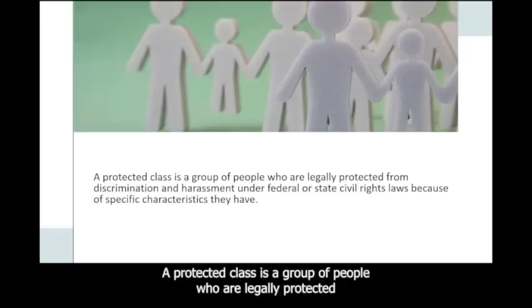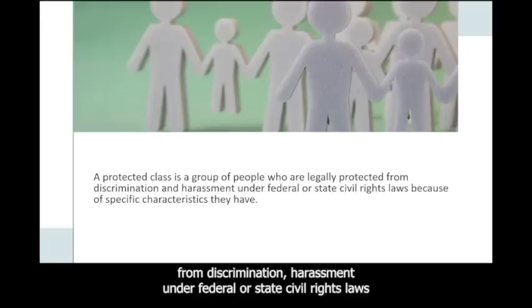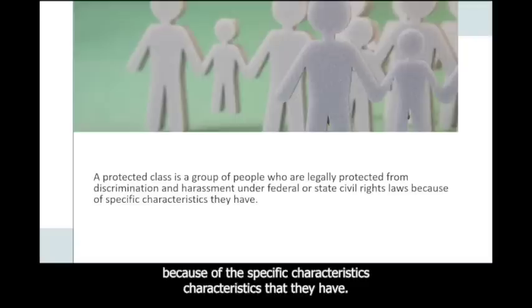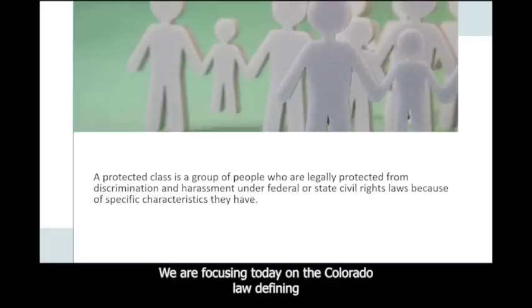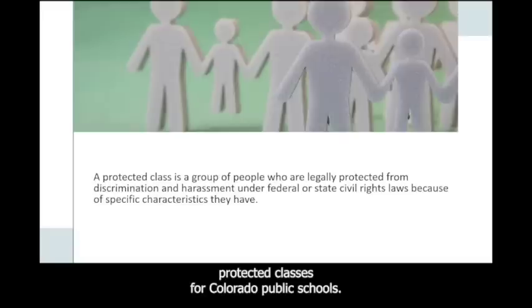A protected class is a group of people who are legally protected from discrimination and harassment under federal or state civil rights laws because of the specific characteristics that they have. Different laws have different protected classes. We are focusing today on the Colorado law defining protected classes for Colorado public schools.